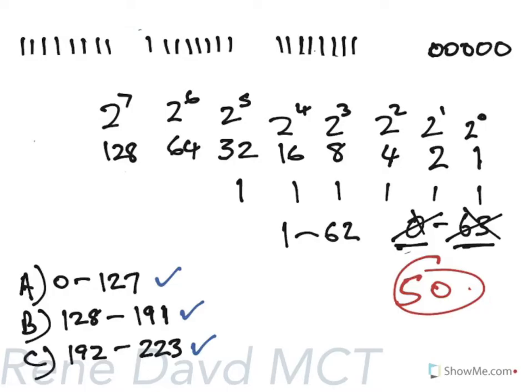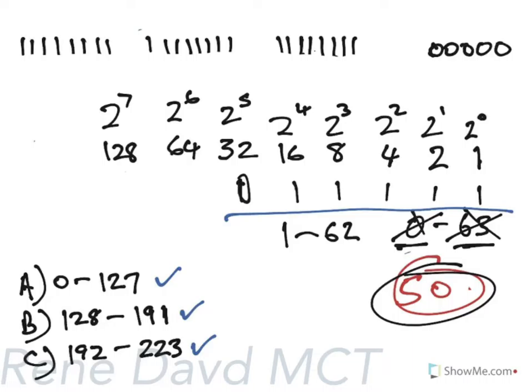Also remember that we are calculating 50 hosts, and these are host bits, so all of these should actually be zeros. Those are host bits for our 50 hosts.